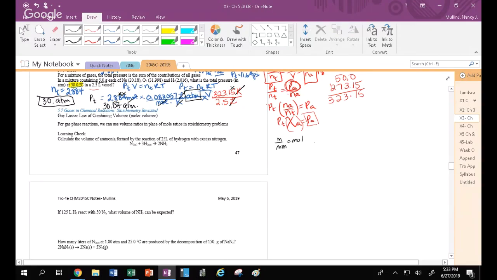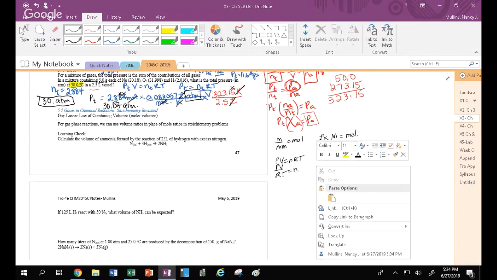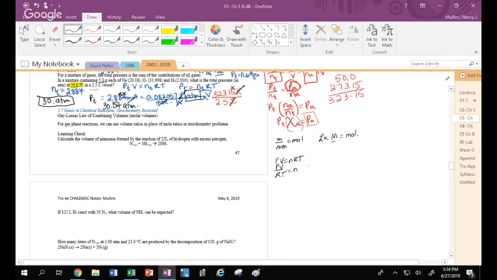When we had solutions, we said we could take our liters and multiply it by our molarity, and that would give us moles. With gases, if PV equals nRT, then PV over RT would always give us our moles. And specifically at STP only, sorry about that.